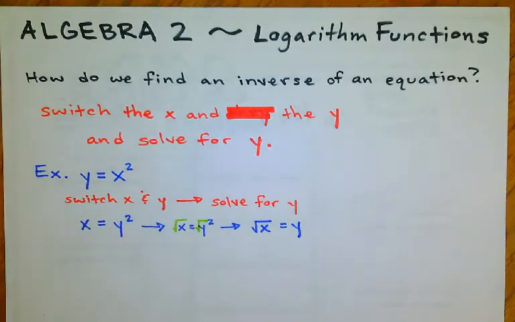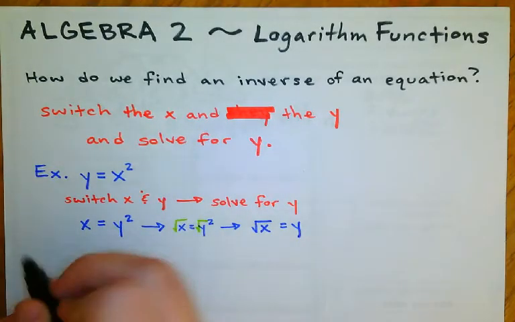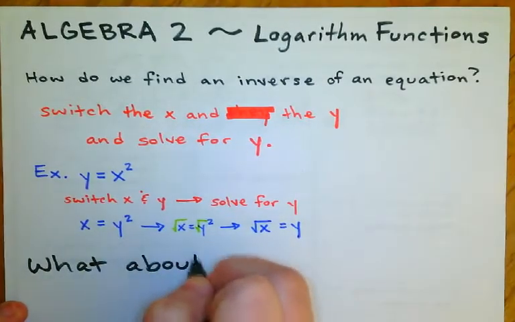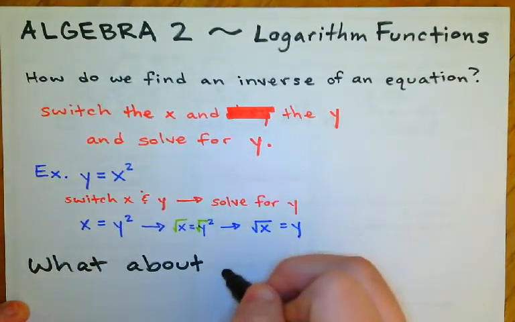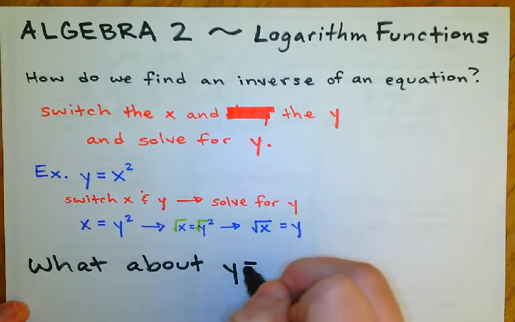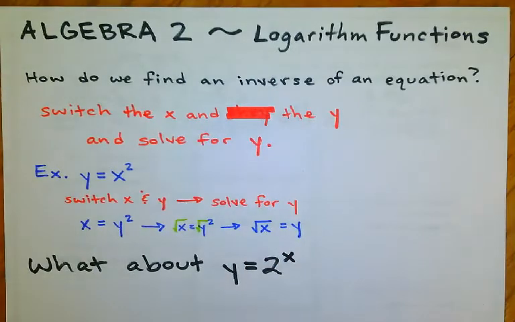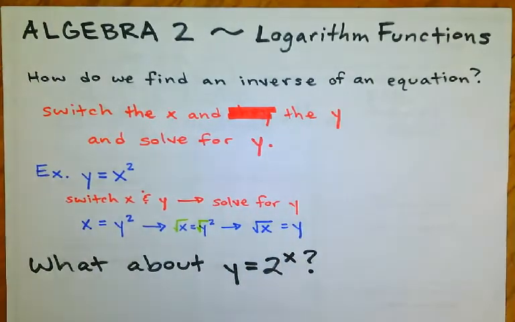But what about if we had something that looked like this? Y equals 2 to the x. Now, you're right that to find an inverse, we have to switch the x and the y and then solve for y.